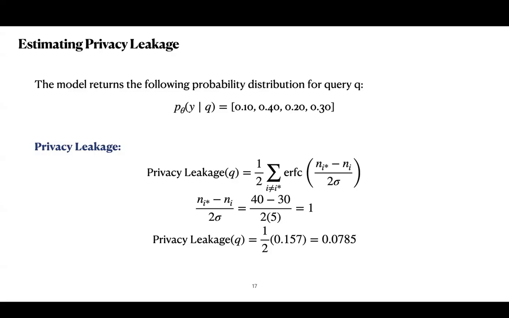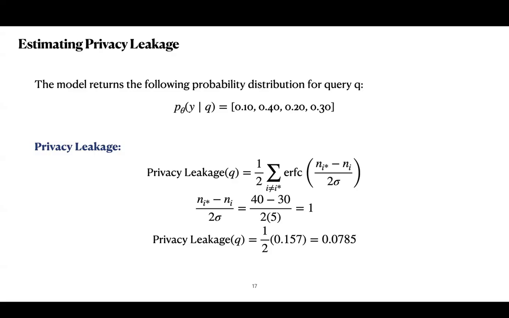But this is also how PATE computes the epsilon value while answering the queries to the journal. Is an error function an arbitrary function? No, it's just an error function. It's a standard function used in privacy, and also beyond privacy. It's nothing special.